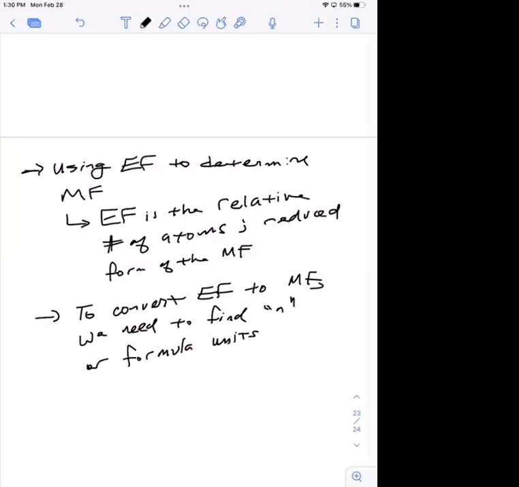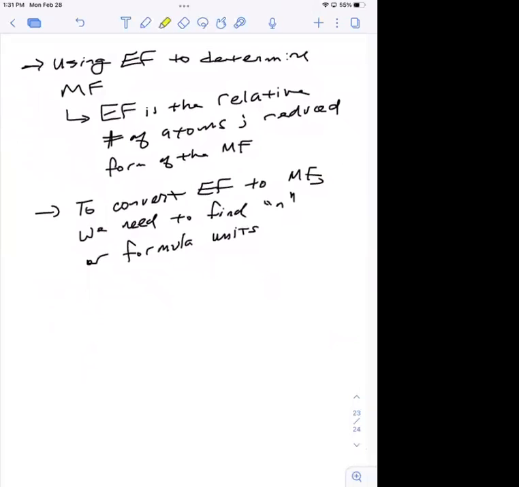It's not difficult to find. We're going to take the molar mass divided by the empirical formula molar mass. That's how we're going to find N.